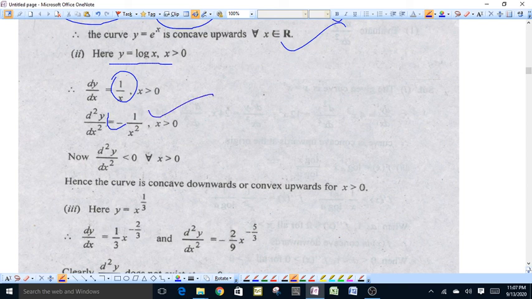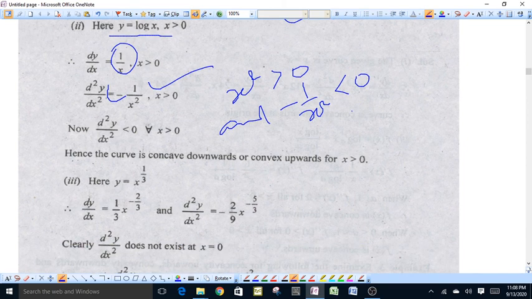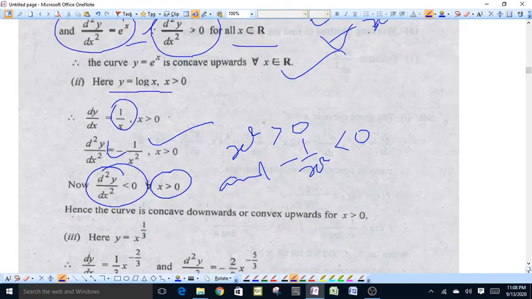Clearly x^2 is always positive and -1/x^2 is always negative for all real values of x. This means the second order derivative is always negative for all values of x in the domain of the function y = log x.